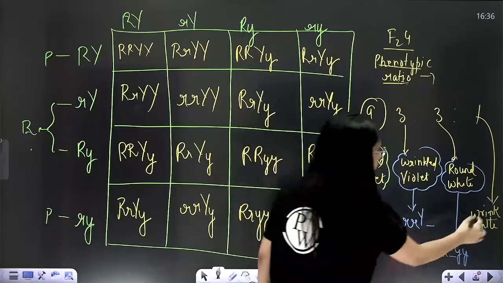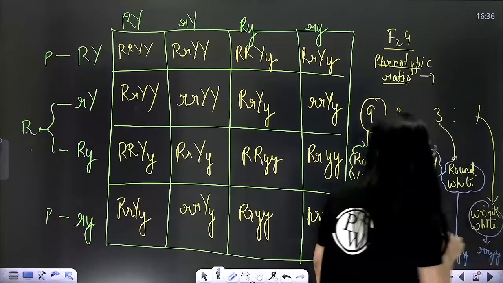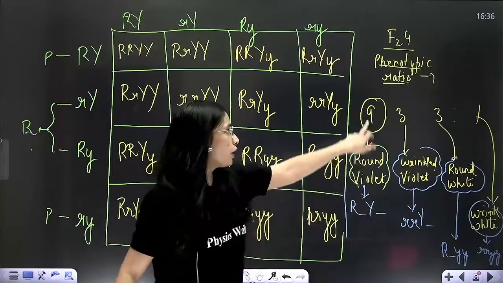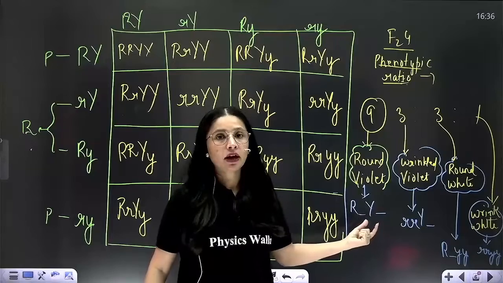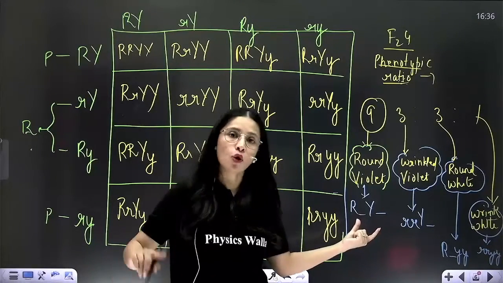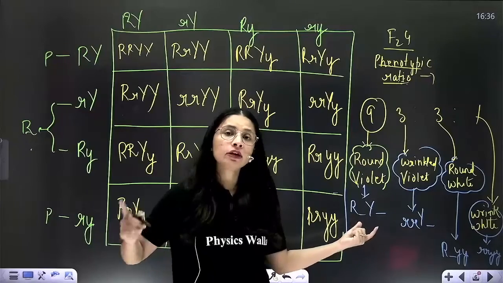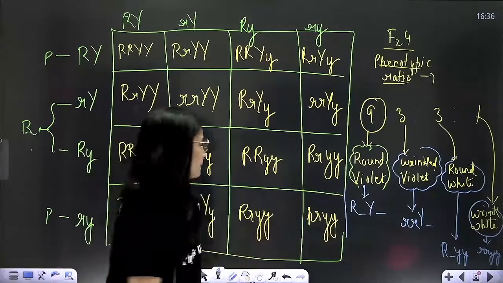Correct? And 1 is recessive for both the genes. So if you want to check these 9, you have to check such genotypes where both R and Y are present in dominant homozygous state or even in heterozygous state. So let's first calculate this 9 number.